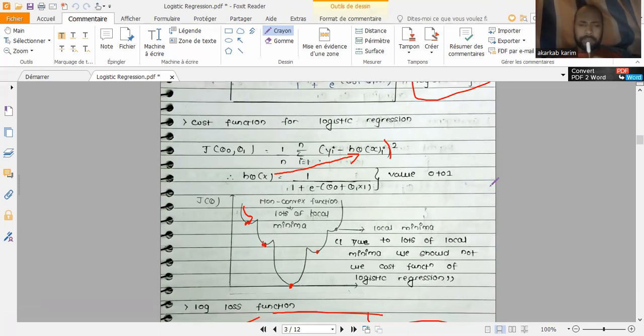Also, in the last section, I showed you the loss function. The loss function of linear regression does not work here, because after squashing our model and replacing this equation inside the sigmoid function, it will not give us a convex function.